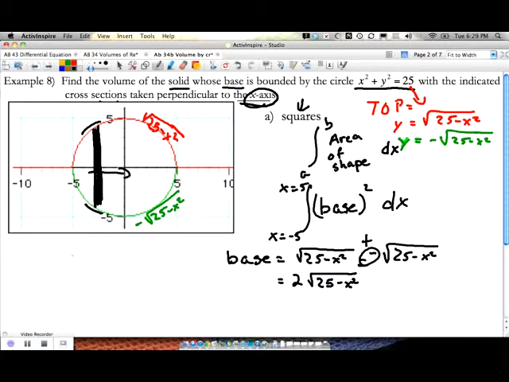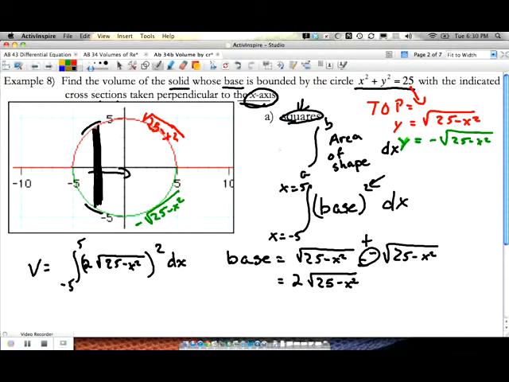So that's our base. So if I wanted to find the volume, it is equal to the integral from -5 to 5 of 2 times the radical 25 minus x squared, which is my base, squared. This is my base squared.